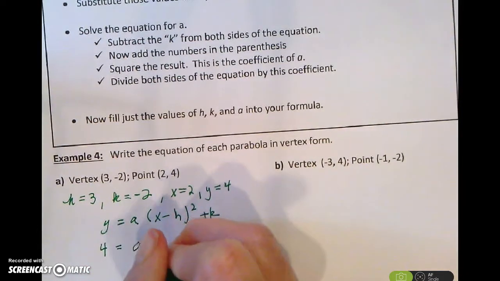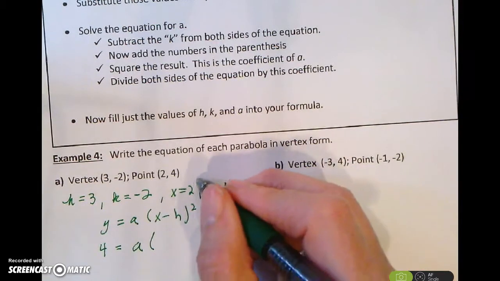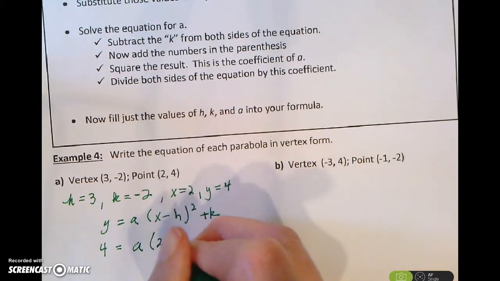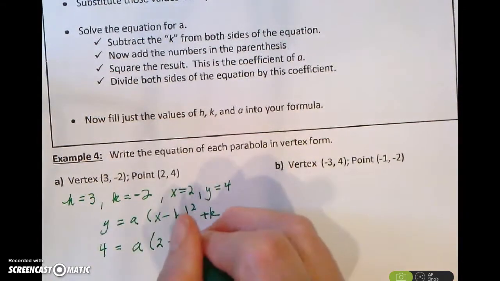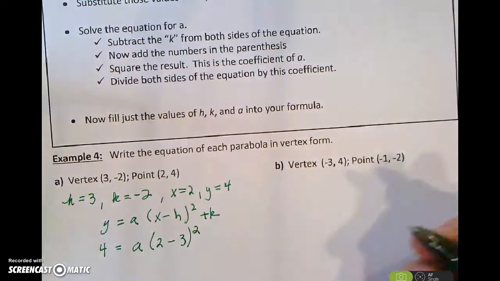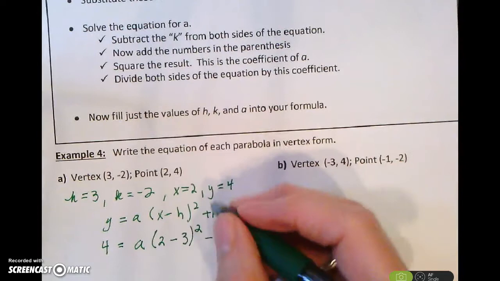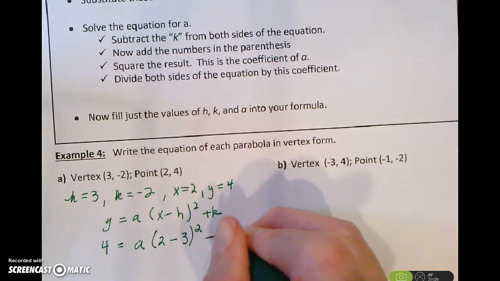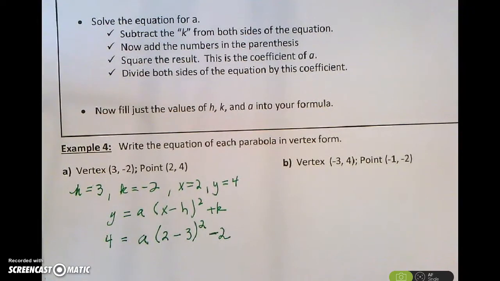I don't know what a is. It's the only one not given to me. x was 2, so I'm going to put 2 in there. Minus h is 3, so minus 3. Then don't forget the square. Plus whatever k is, and k is a negative 2, so it'll be plus a negative 2 or minus 2.